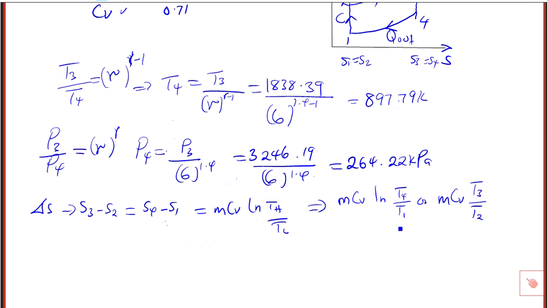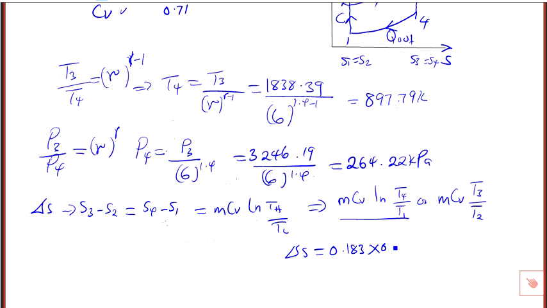If I pick this one, the entropy change will be given by the mass, 0.183, times Cv.